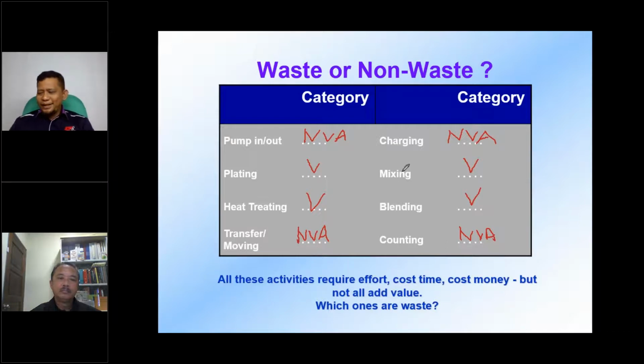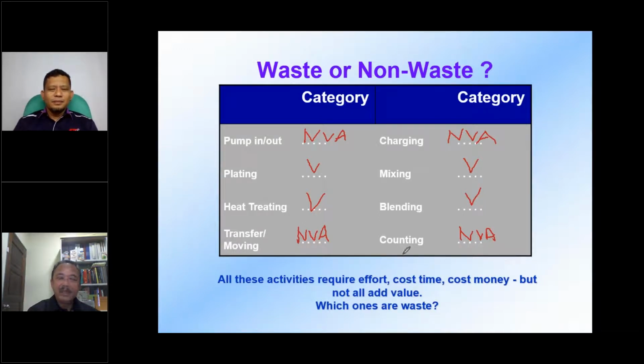Okay, so Engineer Riwayat, anything you would like to add? Yeah, good that you mentioned that sometimes the process is non-value add. Since you have to do that process, even though it's non-value add, you have to do it. Sometimes people call it business value add, or necessary non-value add, or other people call it value enabler.